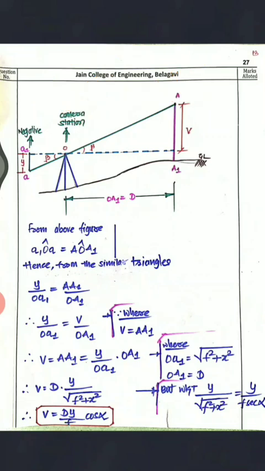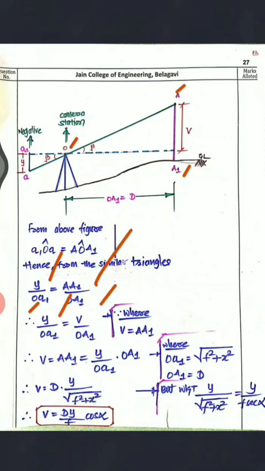Now by using this figure I'll determine the height. From triangle A-O-A1, this triangle is similar to that triangle, OAA1, both are similar triangles. By the properties of similar triangles, you will have Y divided by OA1 equal to AA1 divided by OA1.